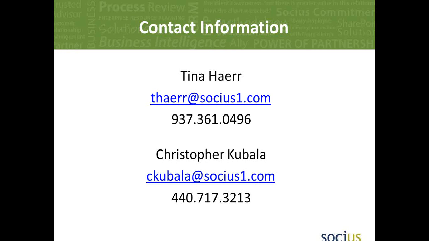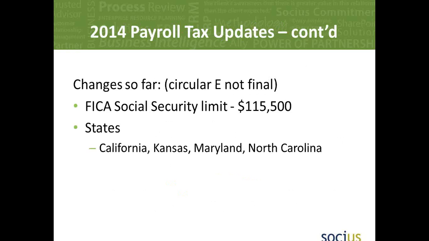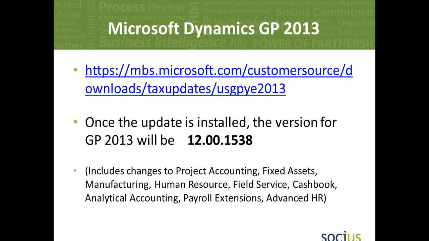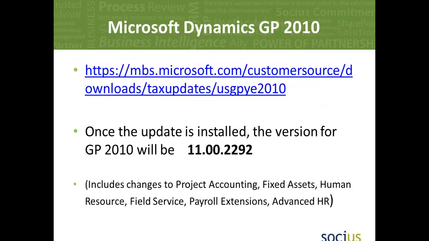Tina, we do have a question. Okay, go ahead. Someone's asking, you referred to a PDF year-end process, and they're asking where they can find that. Yeah, so it would be out on Microsoft's website. I'm going to back up on my slides here. They're in basically the same location. If you log into Customer Source on Microsoft's website and go to Downloads and Tax Updates, then you would select your version.